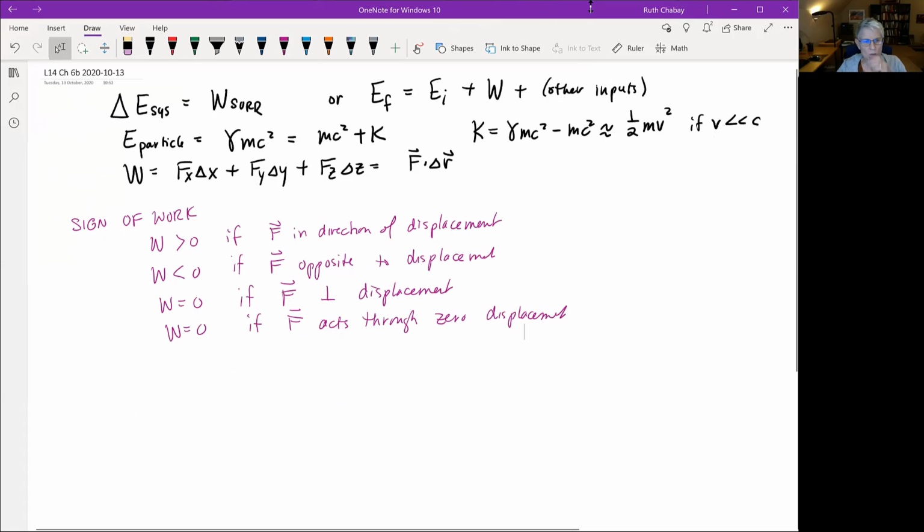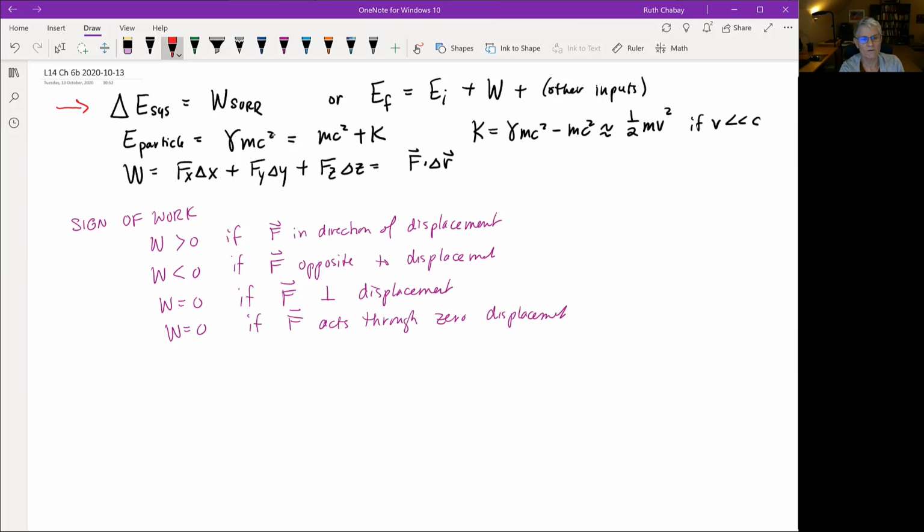Last time we introduced the energy principle, which tells us that once we've chosen a system, and the idea of system and surroundings is really, really key when we're talking about energy, the change in energy of that system has to be caused by inputs from the surroundings.